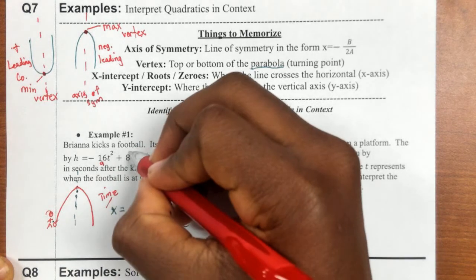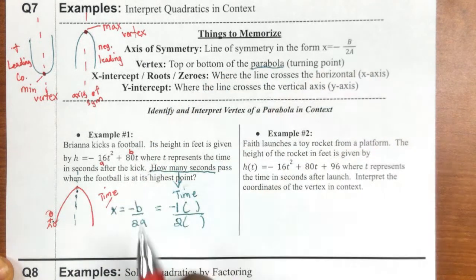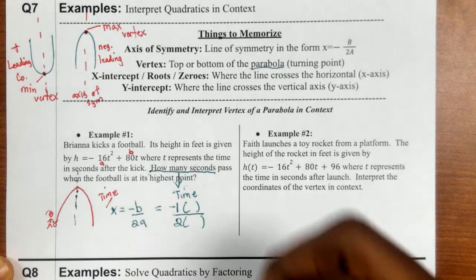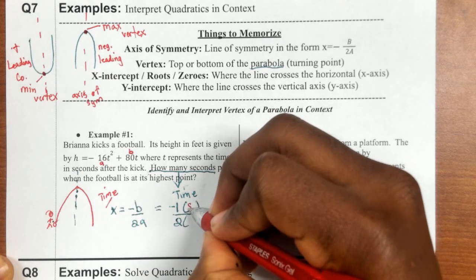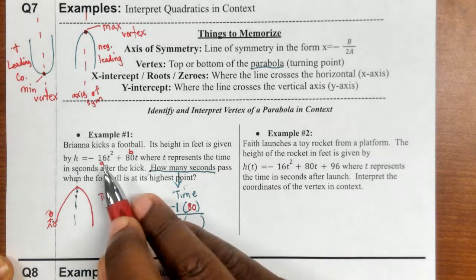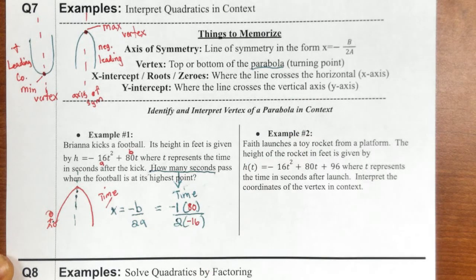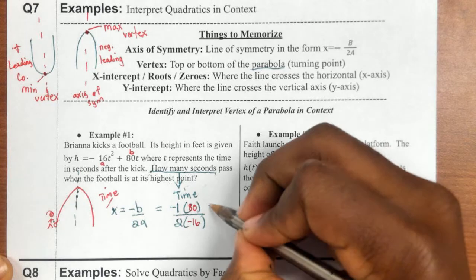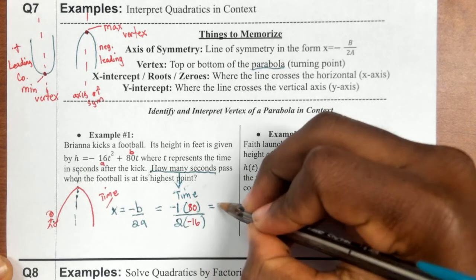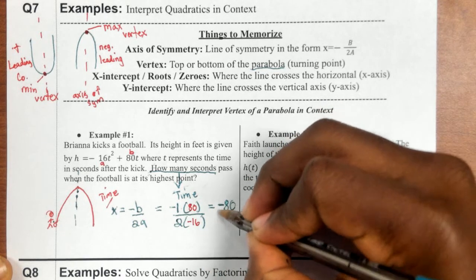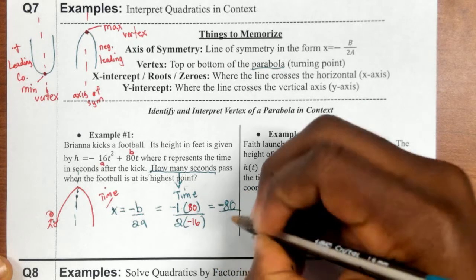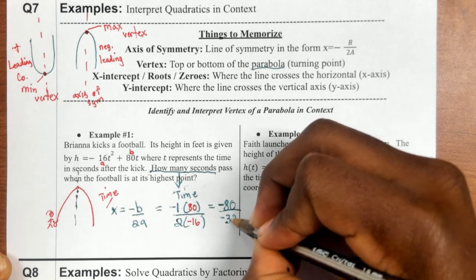The second number would be my b, which is that 80. So my b, I'm going to replace with 80, and my a, I'm going to replace with negative 16. Now I'm going to calculate: negative 1 times 80 is negative 80, and 2 multiplied by negative 16 is negative 32.